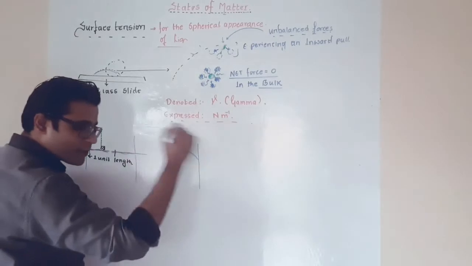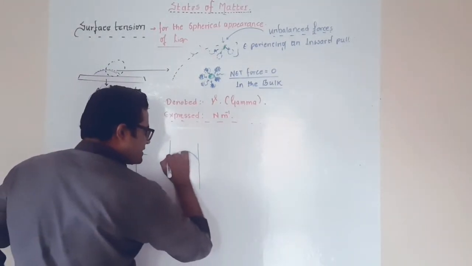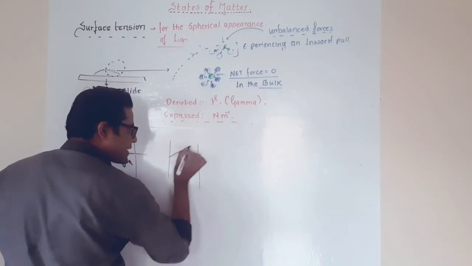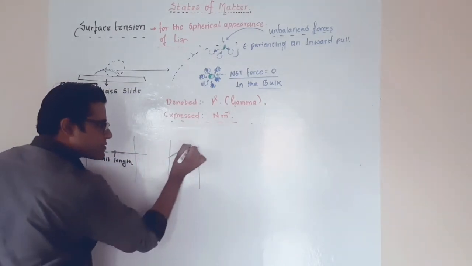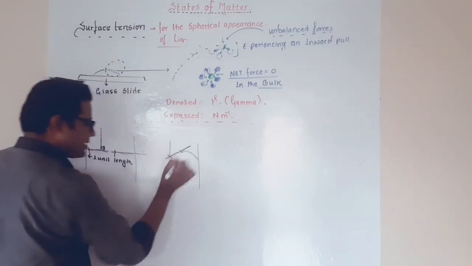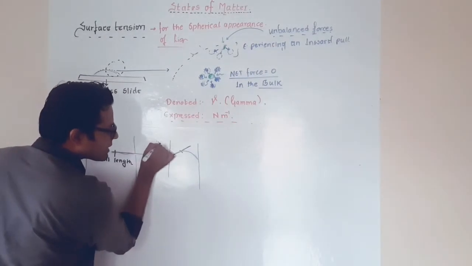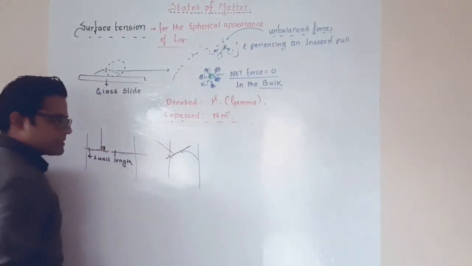If we consider the same statement here, this is a straight line that we have drawn, and this is 1 unit length. Now if I draw a perpendicular, it is going to be something like this.